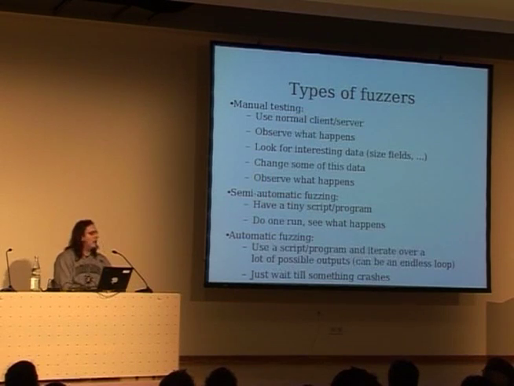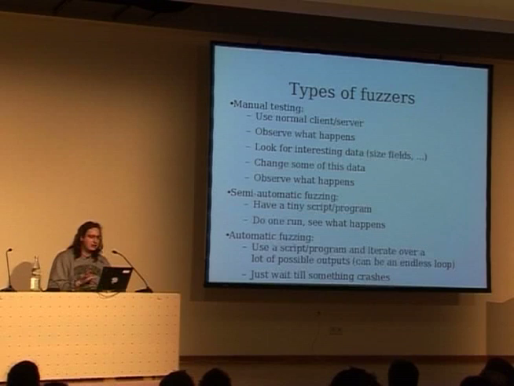Right. So, the kind of fuzzers that people use. First of all, you've got manual testing, which isn't really fuzzing. It's usually preparing to fuzz. What you do is you observe the data being exchanged between client and server, for example, or what a file format looks like, change a few things, run it through whatever has to parse it, and see if it will parse it or not.